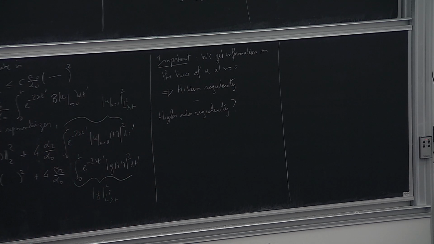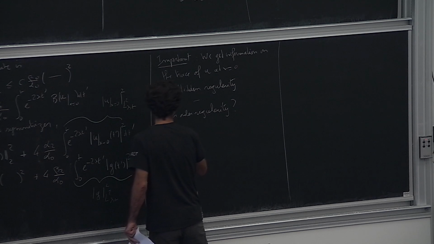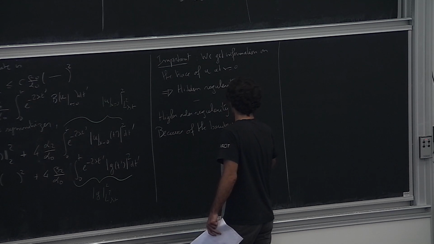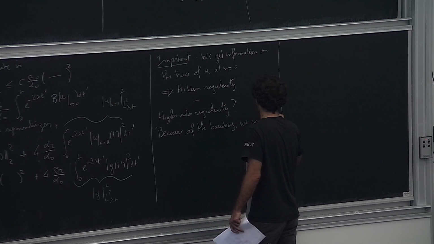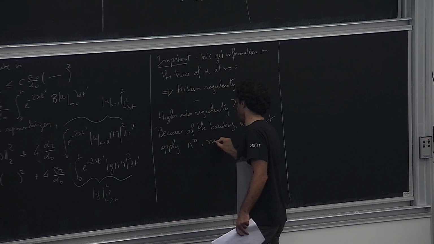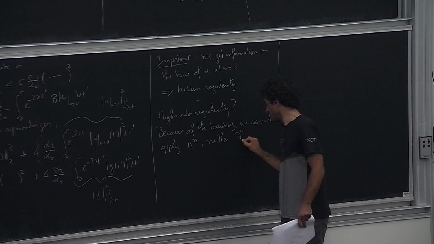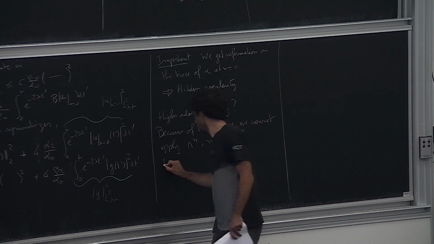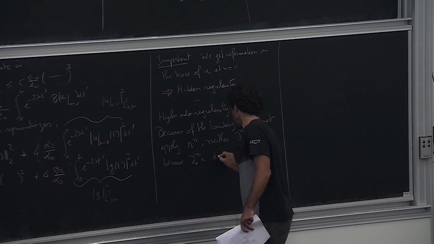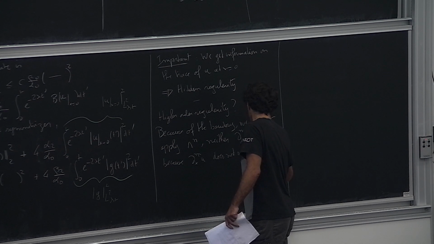The problem is that because of the boundary, we cannot apply lambda m, and even if you don't want to work with fractional derivative, you cannot apply dx m neither, because dx m of u does not satisfy the boundary condition.